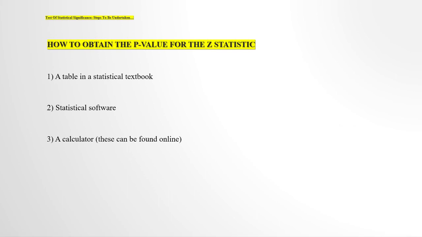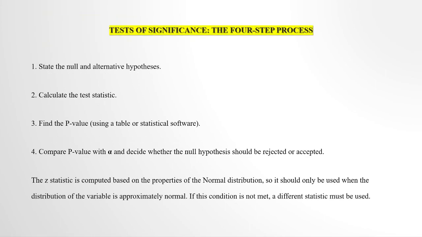Generally, for the Z statistic, this is obtained from a table given in some statistical textbook, or by using statistical software, or a calculator online or offline. To summarize the whole procedure, the steps are listed here. We state the null and alternative hypotheses, then calculate the test statistic, which is the Z value, then find the p-value using the table or statistical software.